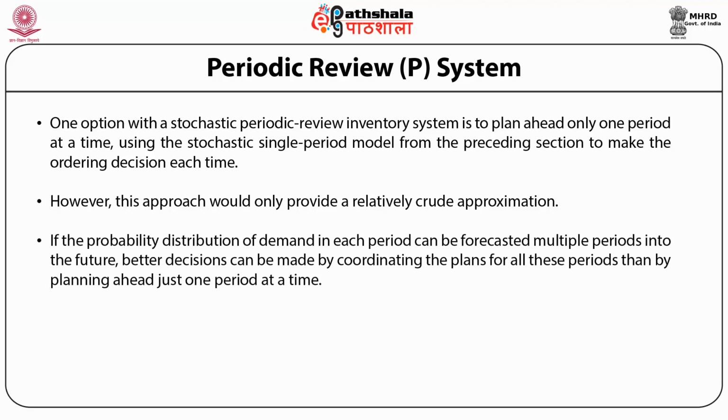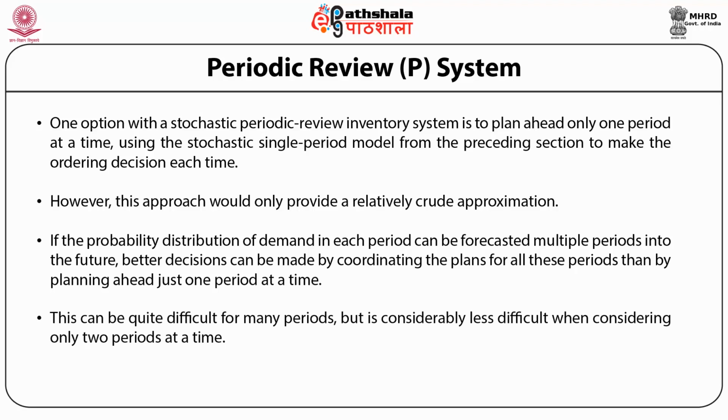If the probability distribution of demand in each period can be forecasted multiple periods into the future, better decisions can be made by coordinating the plans for all these periods than by planning ahead just one period at a time.